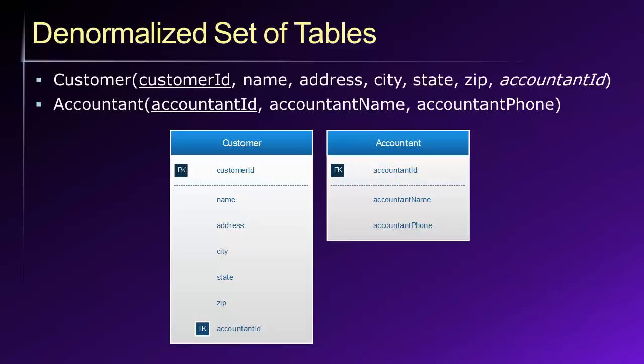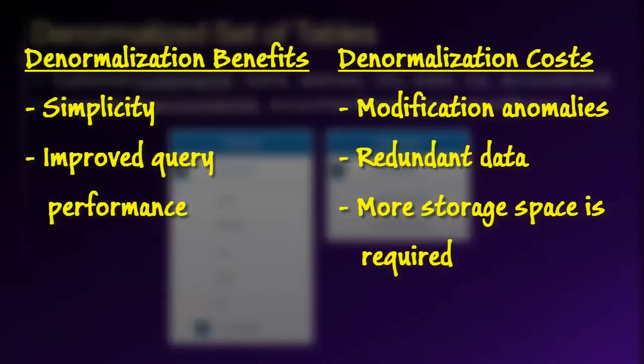There is, however, a cost to this denormalization process, and the cost is our denormalized design is now open to the possibility of modification anomalies. In this case, because we are storing the zip code and the city and the state for each customer in the customer table, this means, 1, we will have a great deal of repetitive data in the customer table.